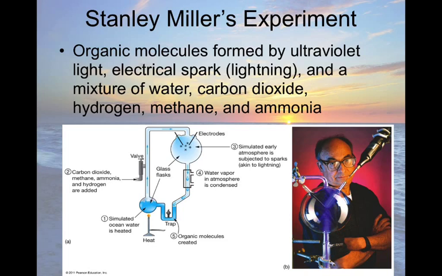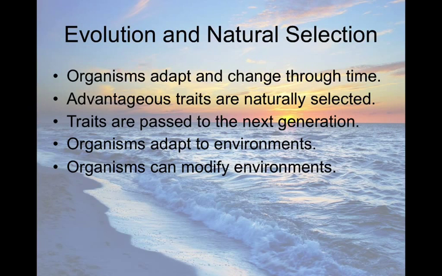The idea is that in the early oceans there was sort of this goop right at the surface where things tend to float, where it was acted upon by radiation and lightning, and where it's possible that having all of this stuff together sparked life. That's kind of the idea of where life came from. And we're talking wildly, wildly primitive life, things that are just a few strands of DNA able to replicate itself. So we believe that idea is supported by Stanley Miller's experiment. I'm actually going to come back to evolution and natural selection in the next video.